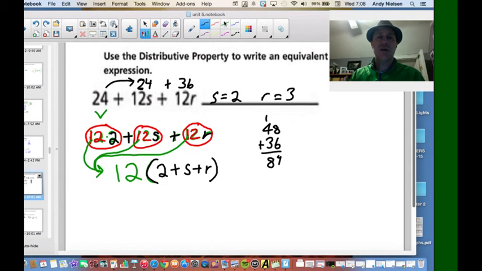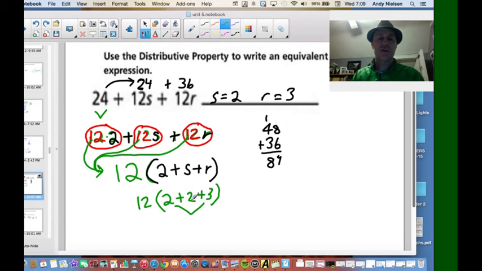Now I'm going to check my work because that is pretty crucial to do. So I'm going to say S equals 2 and R equals 3. So I did a little substitution inside my parentheses, and then let's see. Following the order of operations, I have to do everything in parentheses first.